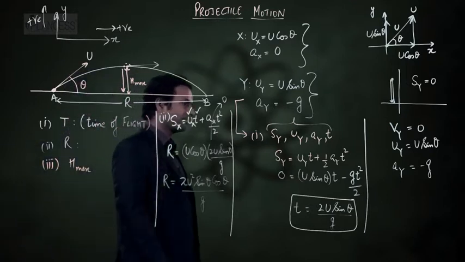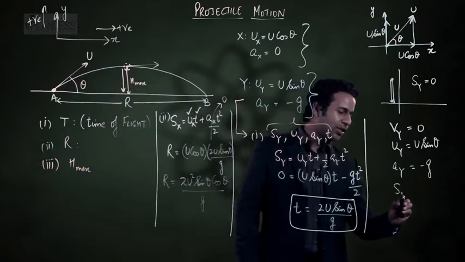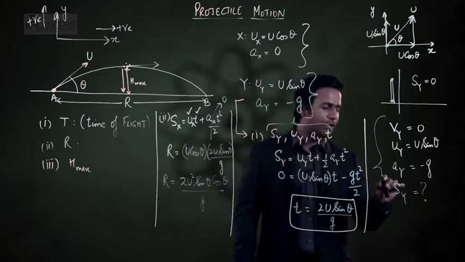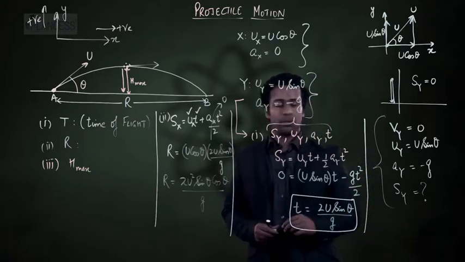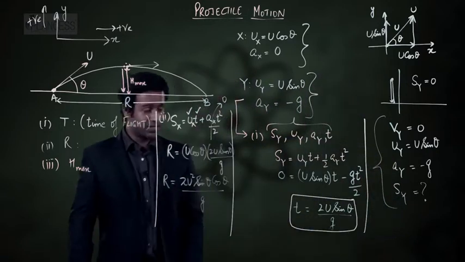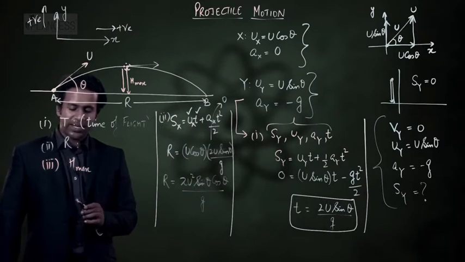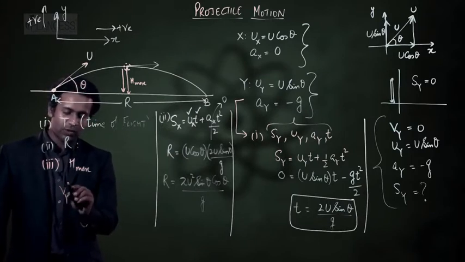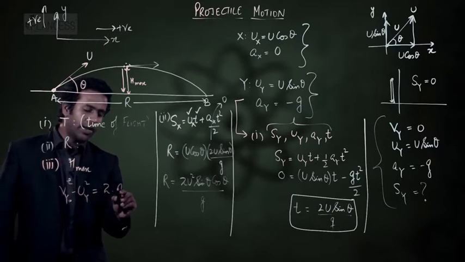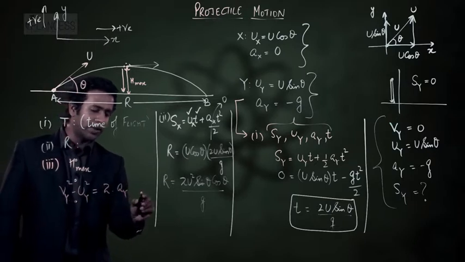So Sy is to be found. So once again, look at the set of parameters we have or are to be found. We see that the third equation will help us get our answer. So using the third equation, we can write that Vy square minus Uy square is equal to 2 into Ay into Sy.